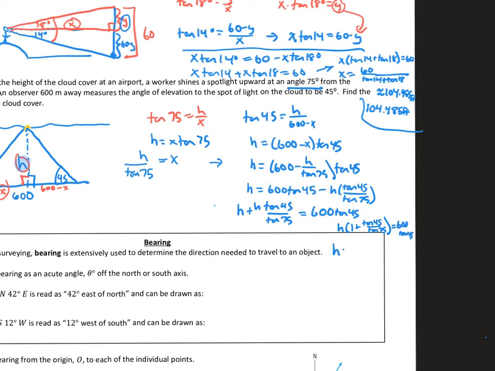So h, hate to write in the box, but that's okay. h will equal 600 tangent of 45 over 1 plus tangent of 45 over tangent of 75. Now in a calculator, that should approximately be 473.205.